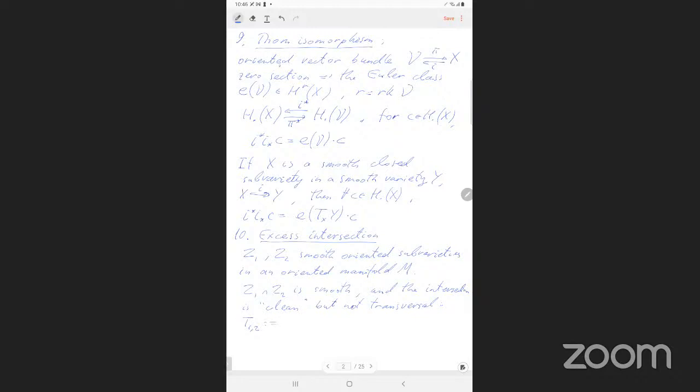It is the normal bundle to the intersection, say Z, modulo the sum, the normal bundle to one thing plus the normal bundle to another thing. Yeah, there is a problem to distinguish between Z and 2. I'm sorry.